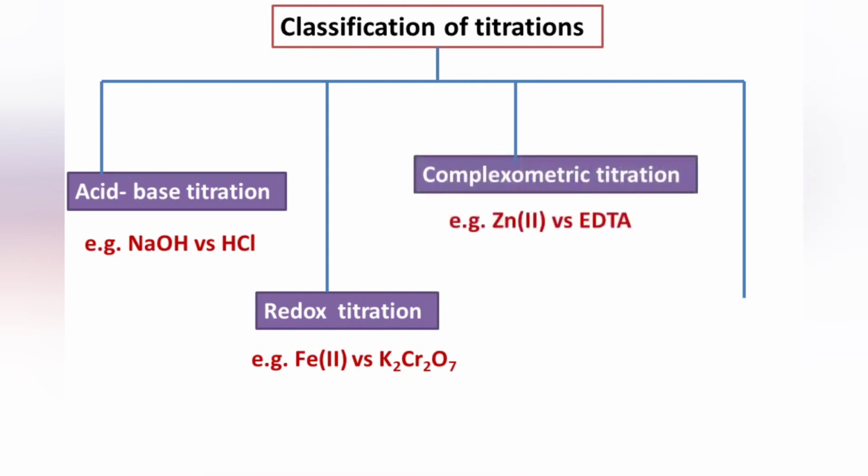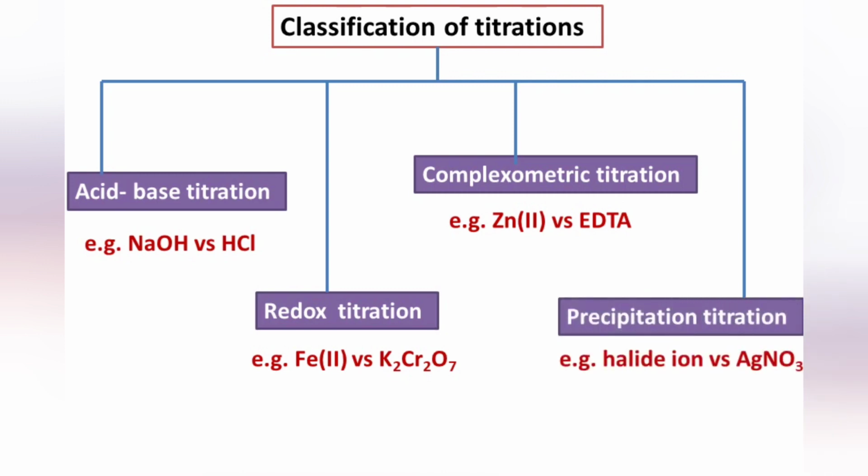Then we have complexometric titration, an example being zinc and EDTA. And then you have precipitation titration, titrating a halide ion with silver nitrate. EDTA simply means ethylene diamine tetraacetic acid, all right?